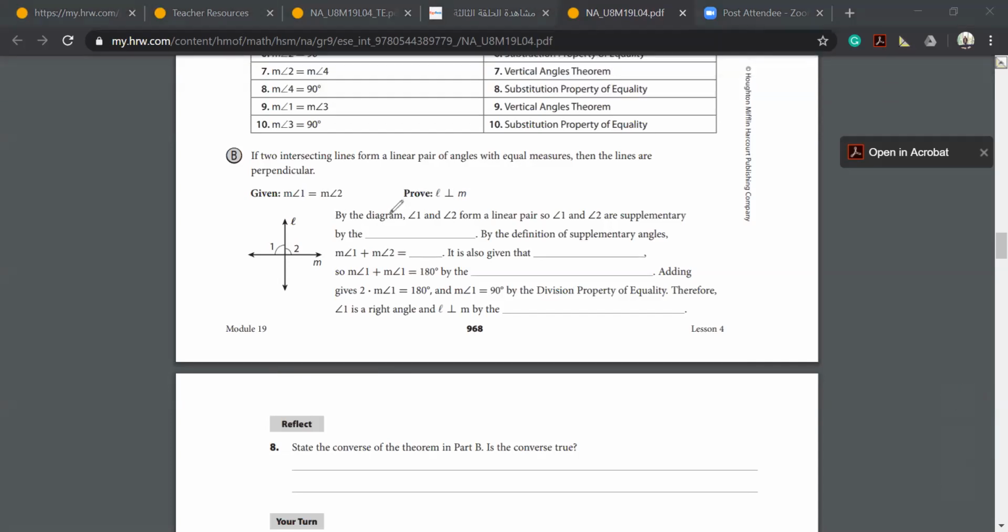By the diagram, angle 1 and angle 2 form a linear pair. So angle 1 and angle 2 are supplementary by the linear pair theorem, right? This is what we are going to be writing here. This is the linear pair theorem.